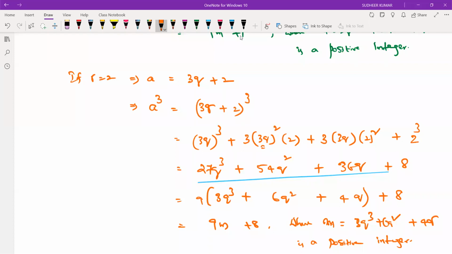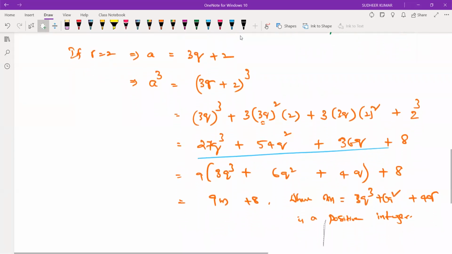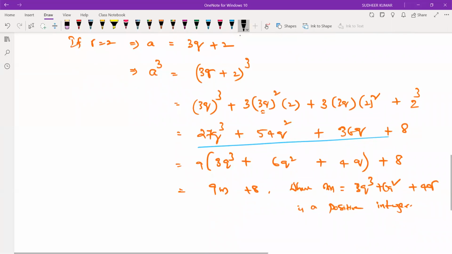That's it. So the cube of any positive integer is in the form of 9m, 9m plus 1, or 9m plus 8. You write the conclusion and hence we prove it. Can you write or shall I write it?